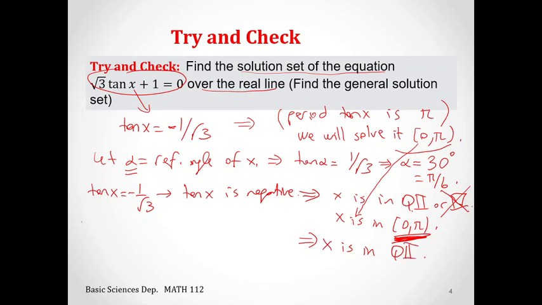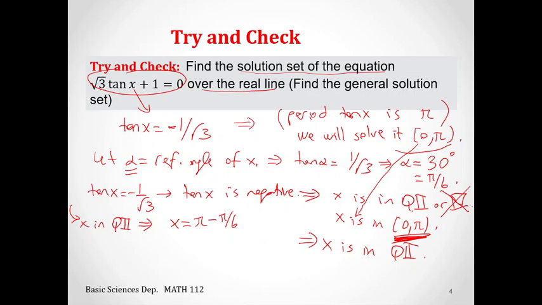Now, since x is in Q2, x should be equal to, okay, what's the reference angle? The reference angle is 30 degrees, and it has to be 150 degrees, or in terms of radians, it will be pi minus pi over 6, because this will be pi over 6. This is pi minus pi over 6. So this is the reference angle, and this is x in the second quadrant.